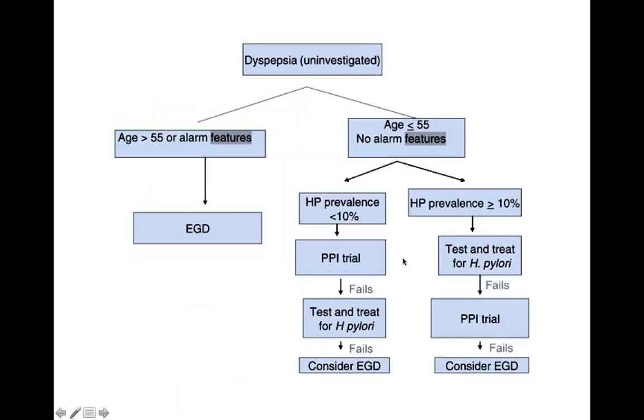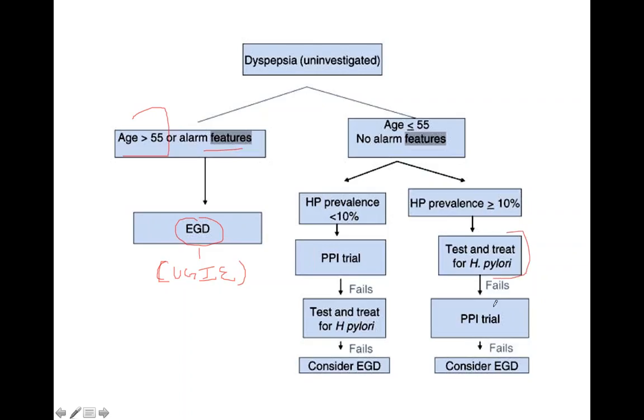So this is a simple way. They have made it slightly complicated actually. So you just have to remember this main point: age more than 55 or alarm features, we go for esophagogastroduodenoscopy. That is upper GI endoscopy. And if the patient is less than 55 years of age, we can go for H. pylori testing and treatment.